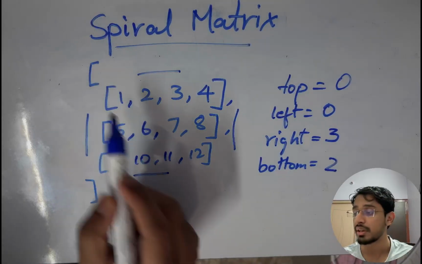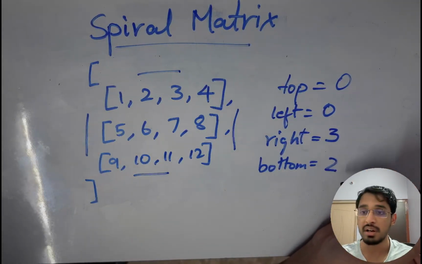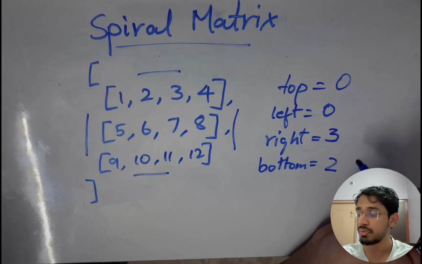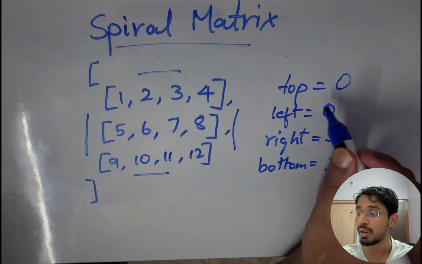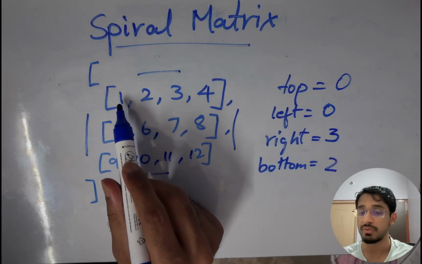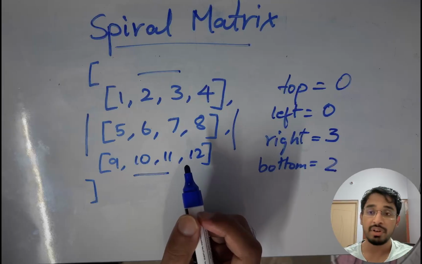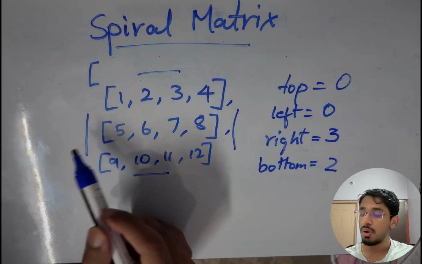Okay, so in this main array, these are the values. We have set the boundaries, so now we just need to start applying loops. We need to apply 4 loops, for every dimension that we go across. Let's start with the first value, that is number 1. When we solve this problem, we need to make sure that we are currently inside the boundaries.